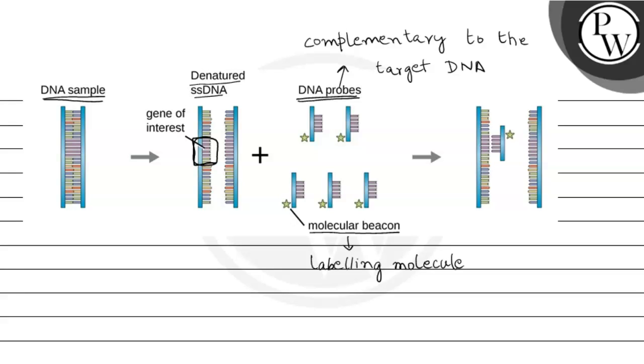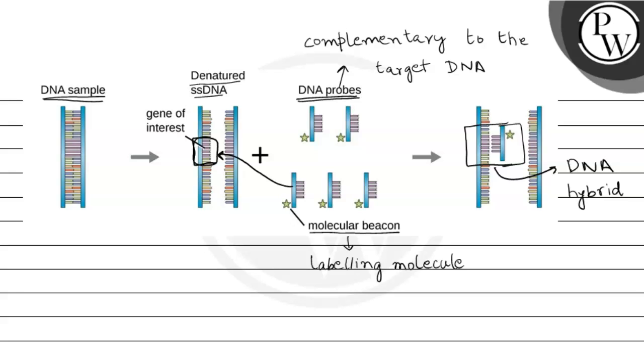Now, with the help of nucleic acid hybridization method, these molecular probes will identify the gene of interest, that is a target DNA, because it is complementary to that sequence and it will result in the binding of the probe with the gene of our interest or the target DNA. So this is the DNA hybrid which is formed between the target DNA and the probe molecule.